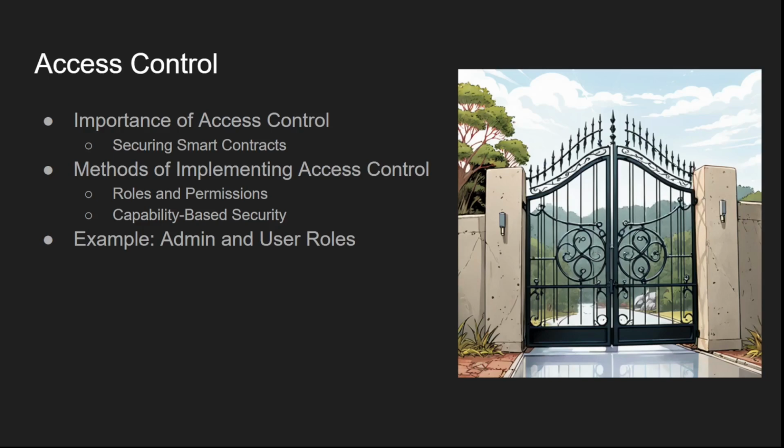In addition to roles, the contract could use capabilities to grant specific permissions to individual functions. For instance, a capability could allow a user to list an item for sale without giving them access to other admin functions. In Agoric, access control is typically implemented by using a combination of these methods.